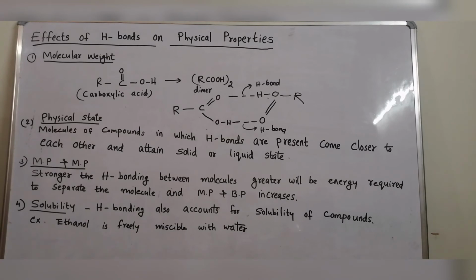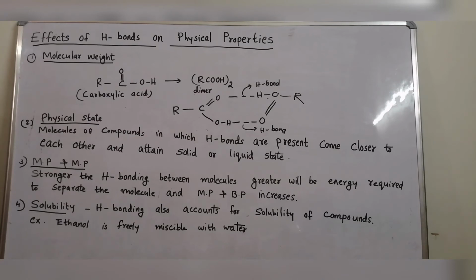The second one, physical state. Molecules of compounds in which hydrogen bonds are present come closer to each other and attain solid or liquid state. The third one, melting point and boiling point. The stronger the hydrogen bonding between molecules of a substance, the greater the energy required to separate the molecules, and the melting point and boiling point will be high.